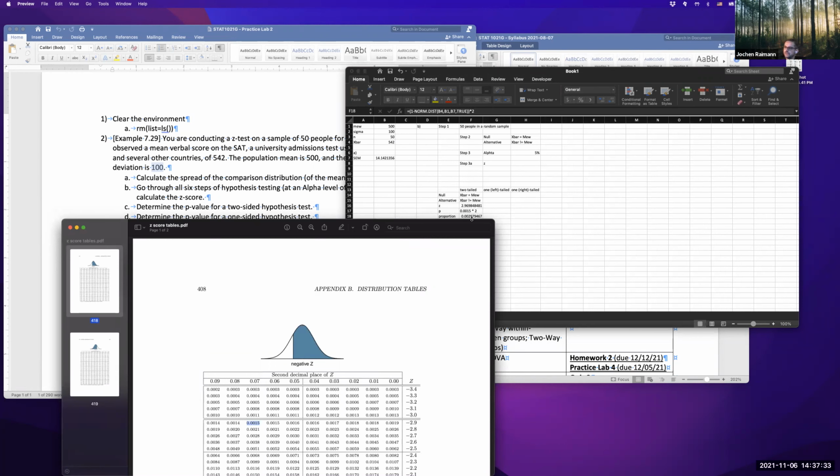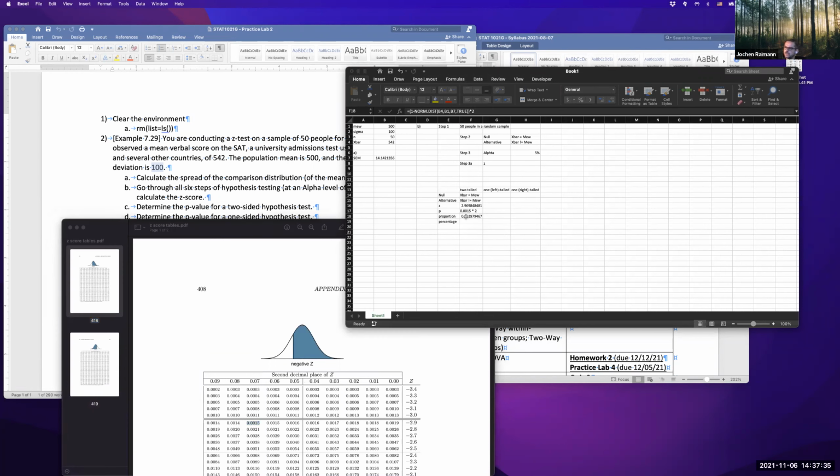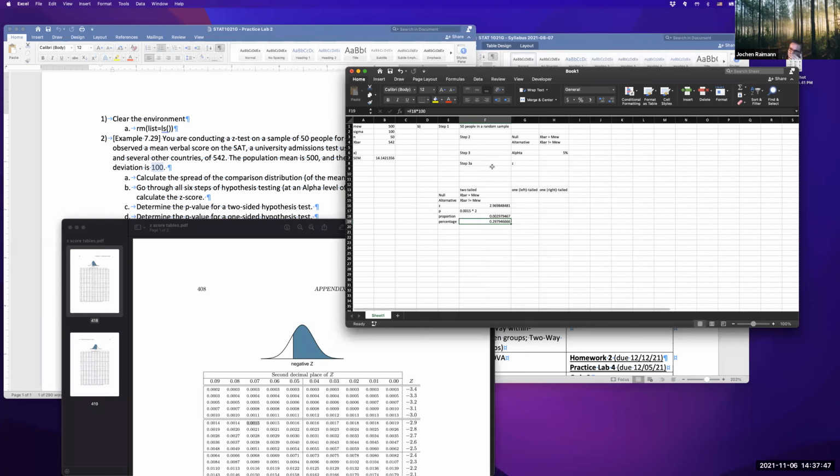And this is the same as this number multiplied by 2, right? And this multiplied by 100 to get to percentage gives us 0.3%.